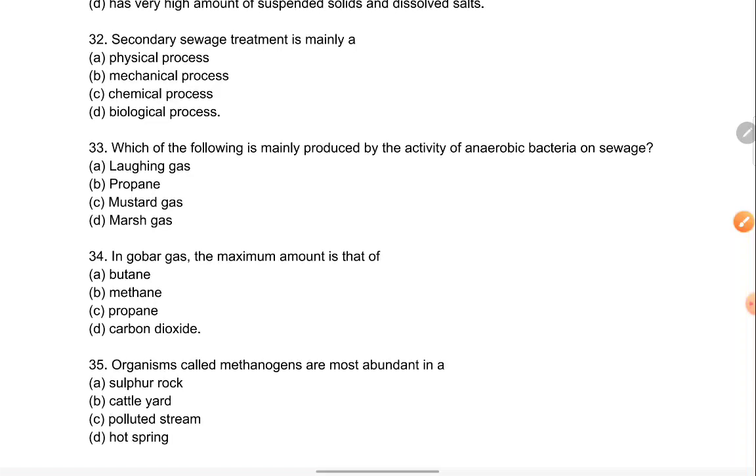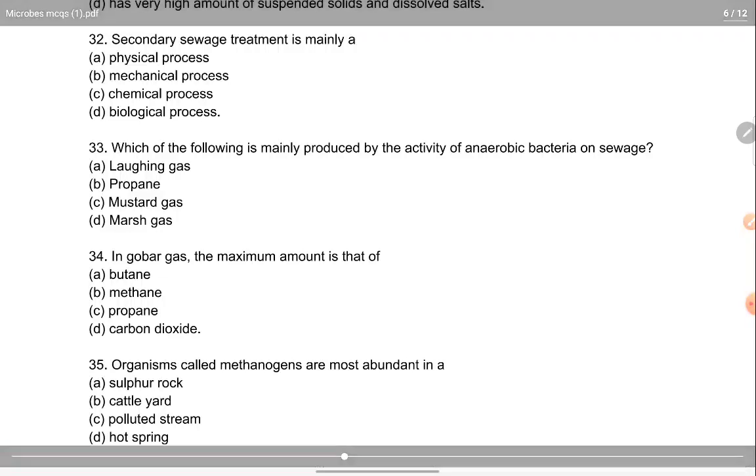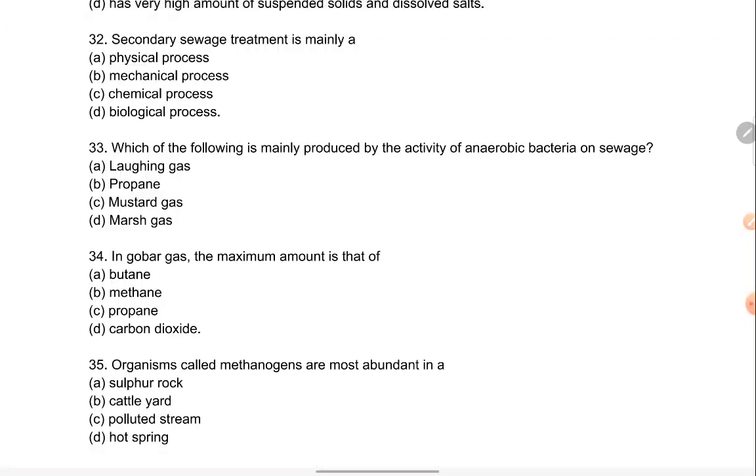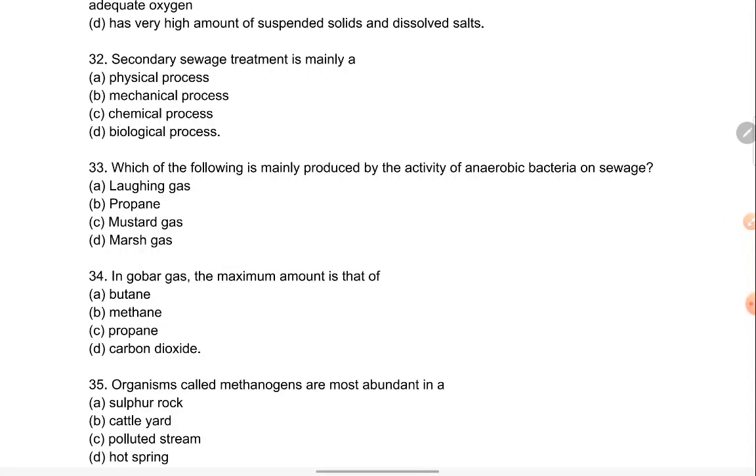Now, see question number 34. In gobar gas, the maximum amount is that of butane, methane, propane, carbon dioxide. You know, carbon dioxide is present, then hydrogen sulfide is present, nitrogen is present, and methane is present in large amount, about 50 to 70%.